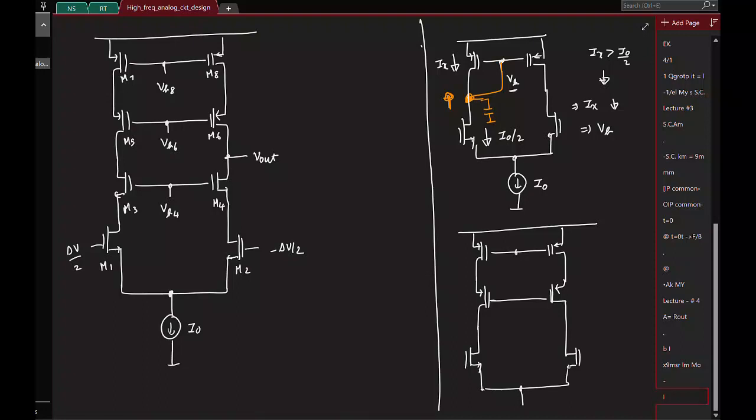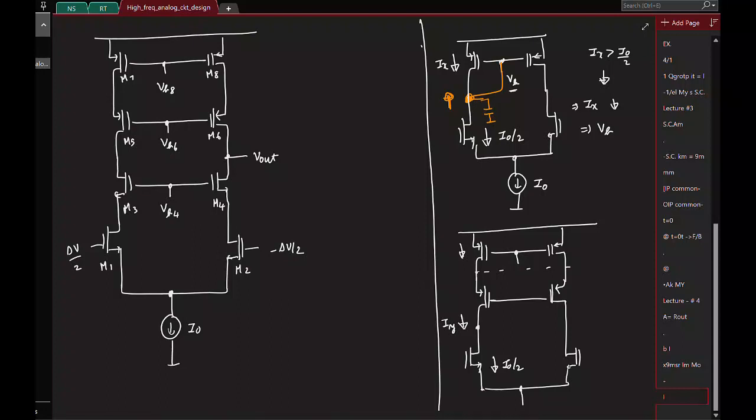We want to generate the bias voltage for this PMOS so that the current flowing here is equal to I0 by 2, right? But we know that if you take the output here itself, it is not a great current source. So we'll take the current after the buffering. Okay. So now we'll compare this current, say some Iy, with I0 by 2.